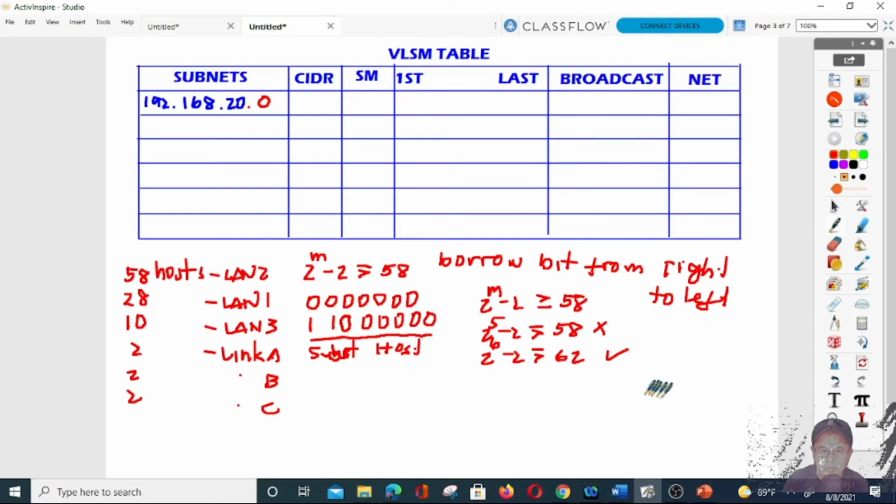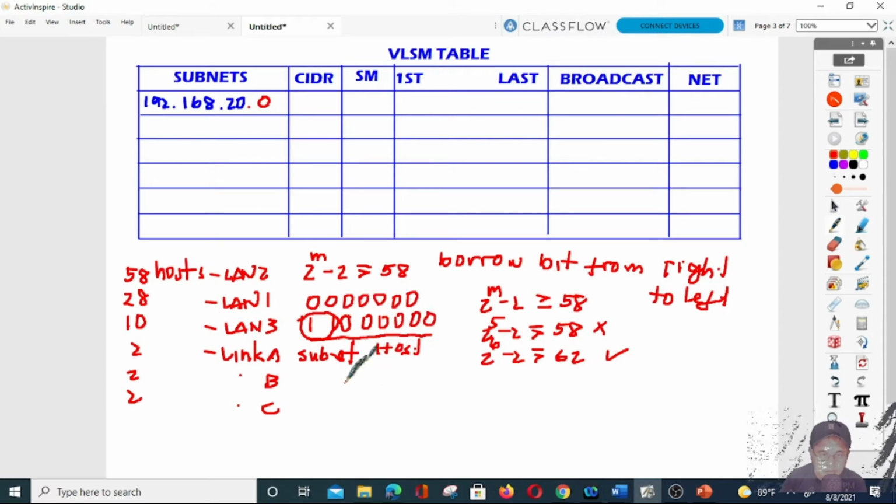It's a reverse of the subnetting a while ago. These 2 are the subnet bits, and this is the host.